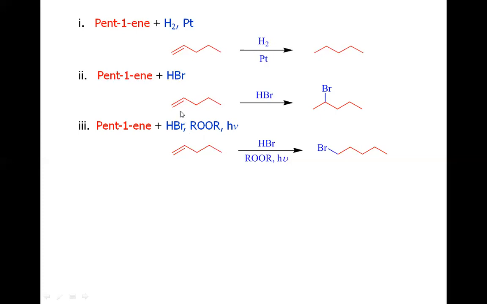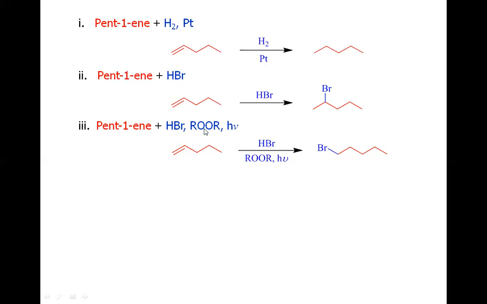It's because the mechanism of this third reaction did not go via the polar mechanism. As I discussed for reaction 2, the double bond will be protonated to give the secondary carbocation, which will be immediately attacked by the bromide anion. But in this particular case, the first step will not be the attack of the alkene on the H of HBr.